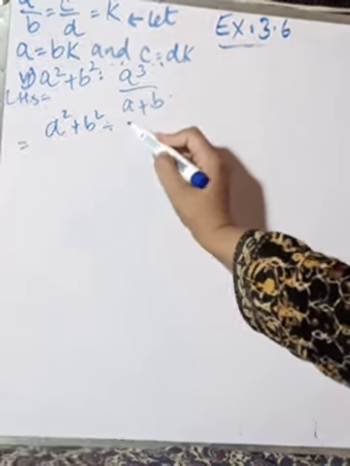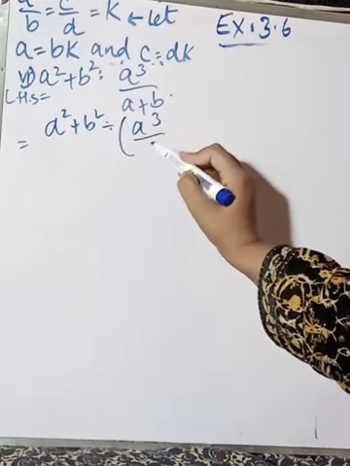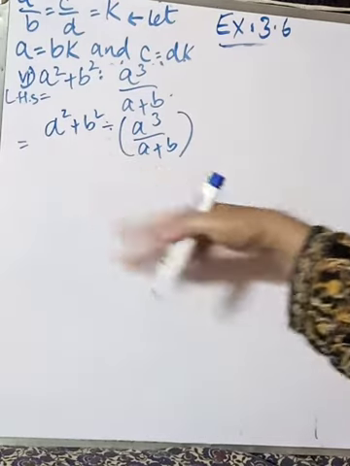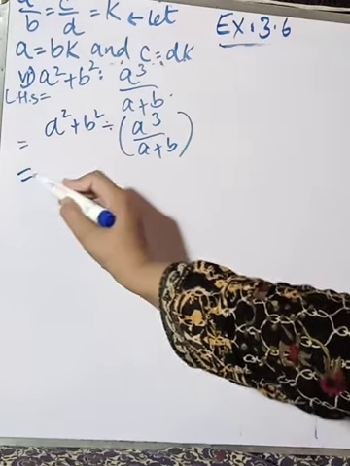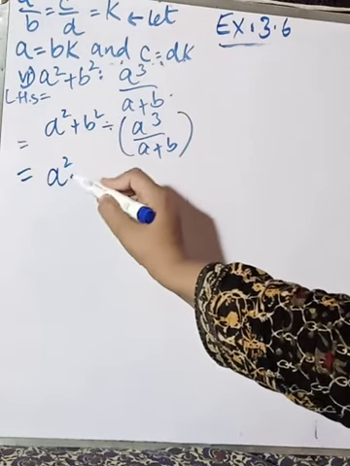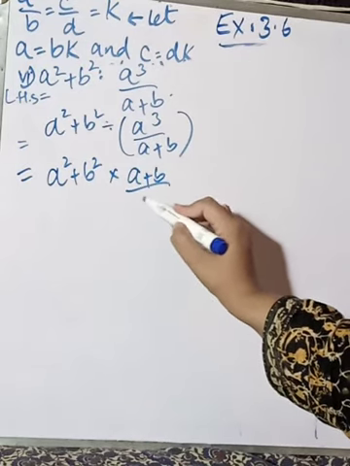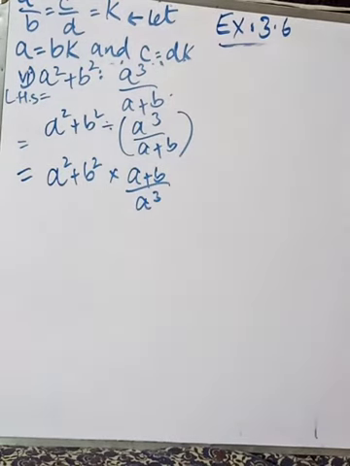ठीक है, so that any confusion will not remain. Okay, now divide will be converted into multiplication. So a square plus b square multiplied by a plus b divided by a cube. Alright, so we are going to solve this now instead of left hand side, right?